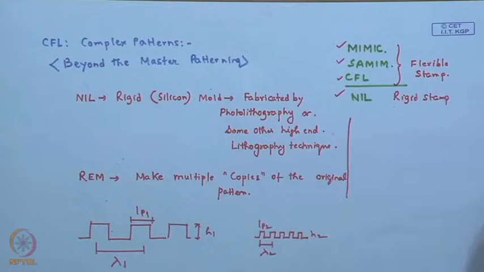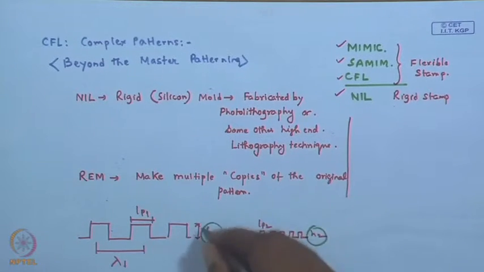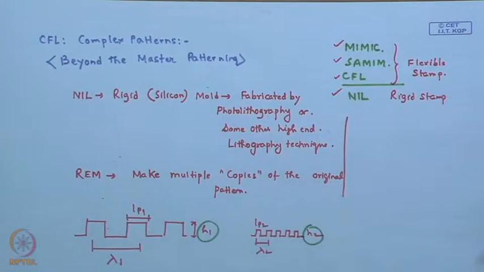Generically both of them are gratings, but you would need two different stamps to make these two structures. So somewhere down the line you need two distinct original masters, made by photolithography or some other lithography, which you can then mass produce following any one of the soft lithography techniques.